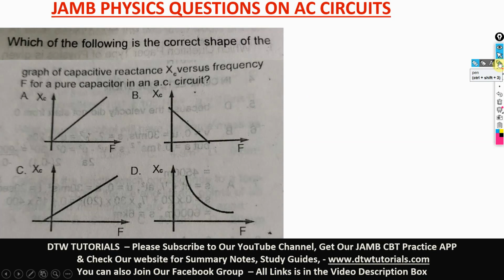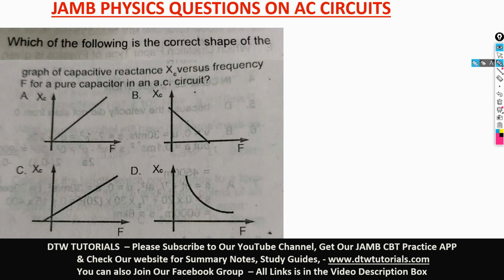All right, for this, we have here, which of the following is the correct shape of the graph of capacitive reactance XC versus frequency F for a pure capacitor in an AC circuit?